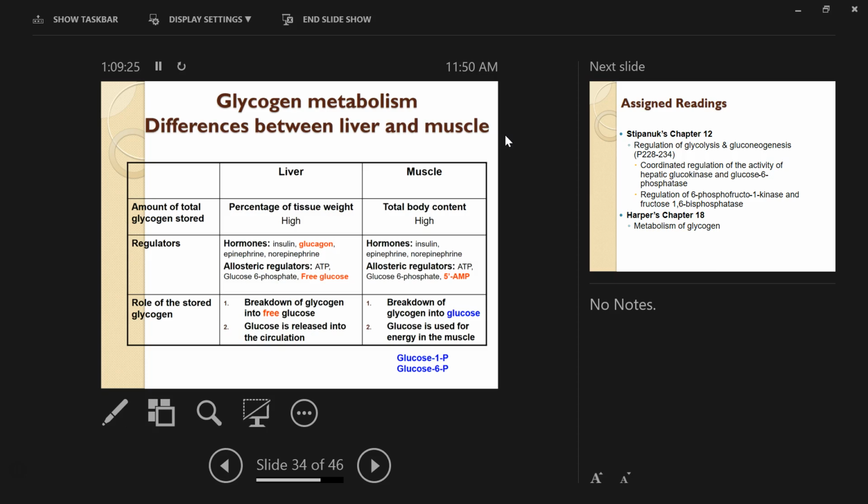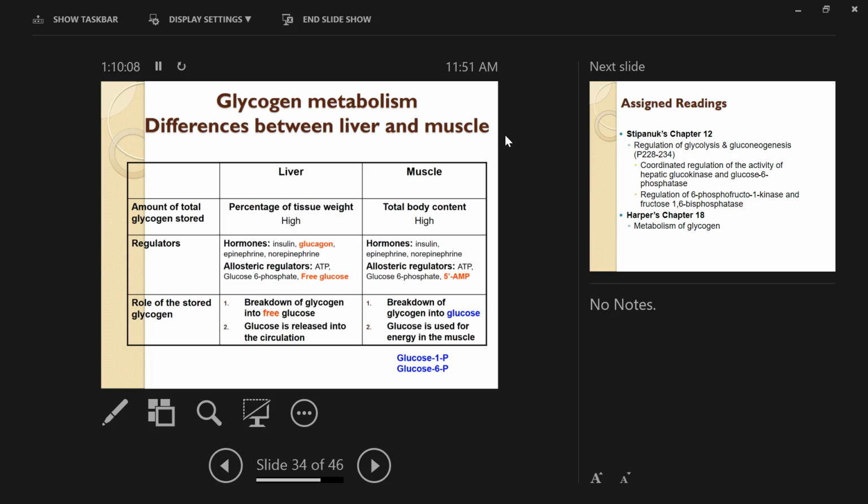For example, how much glycogen per 1 gram of liver versus 1 gram of muscle is usually higher in liver, because the glycogen in the liver is more complex. But if you think about the total body content, muscle definitely has a larger mass compared to liver. So the total glycogen in the body is actually higher in the muscle than the liver. So it's a different concept.